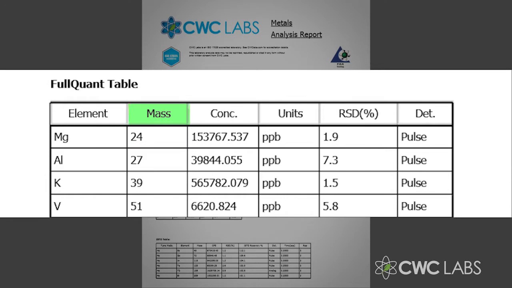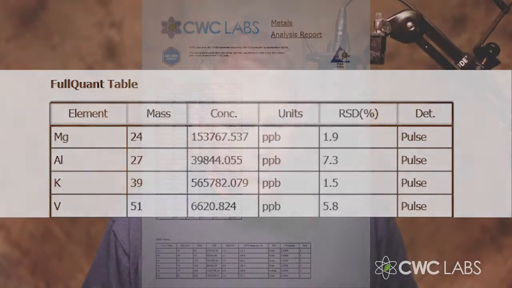All right, the next number is a concentration, the next column, concentration. This tells you the concentration in terms of parts per billion of that element that was found in your sample. And as you can see, the next column over is the units, which is ppb. Now, ppb means parts per billion. Now, a part per billion, this is crucial to understand.